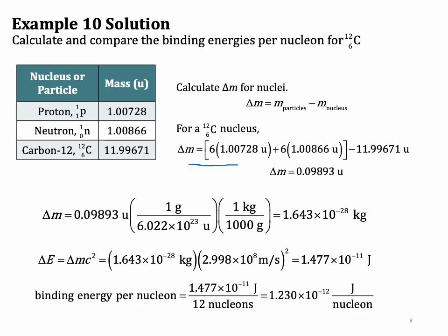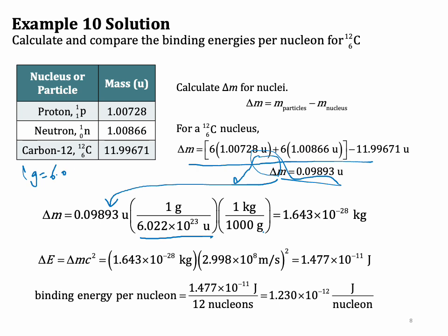Okay, so first you find this, what we just saw. Once you have this, we find delta M in kg, which is you take this number delta M, you divide it by the number of units that you have, which is Avogadro number, and then convert it into kg. So 1 kg is 1000 grams, and 1 gram is 6.022 times 10 raised to power 23 AMU, if you guys remember.